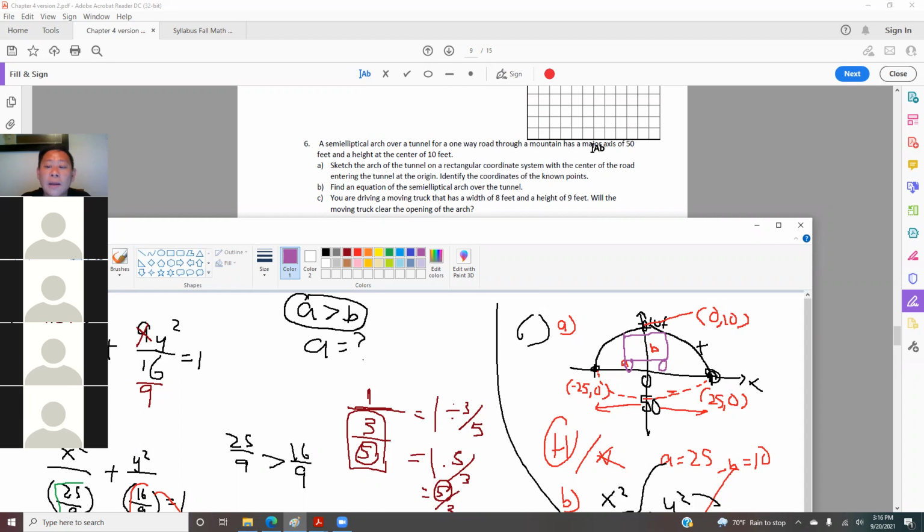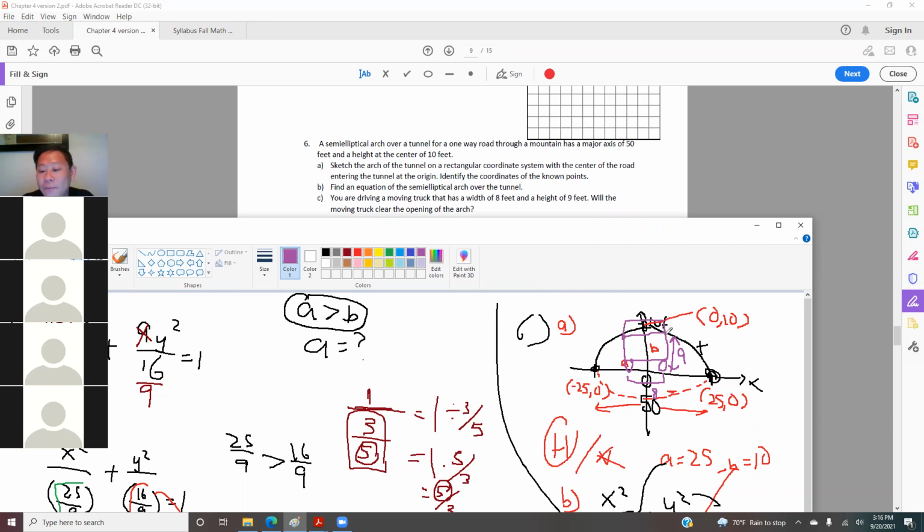This pickup truck has a width of 8 feet, so from here to here is 8 feet, and the height from here to here is 9 feet. The question is asking, can you drive this pickup truck through it? What we figure out is whether this corner is going to be below or above.